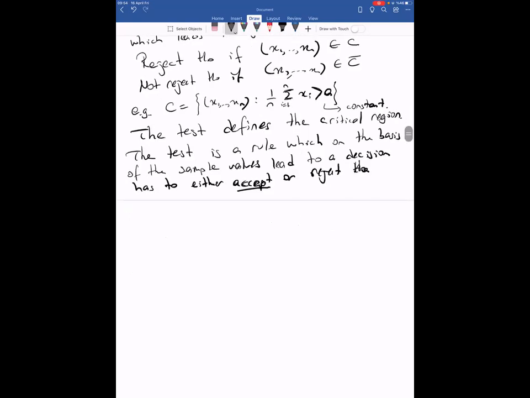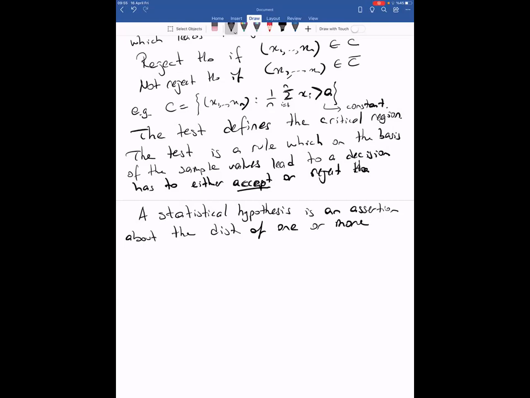So basically, a statistical hypothesis is an assertion about the distribution of one or more random variables, specifying the values of unknown parameters.